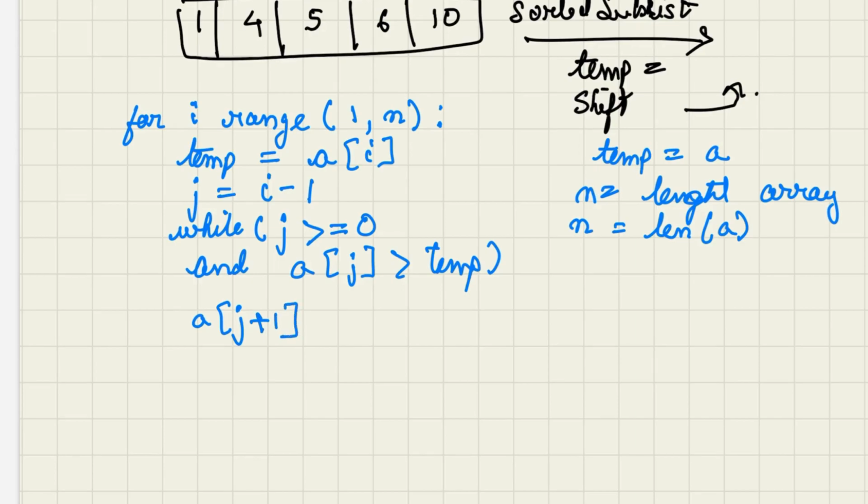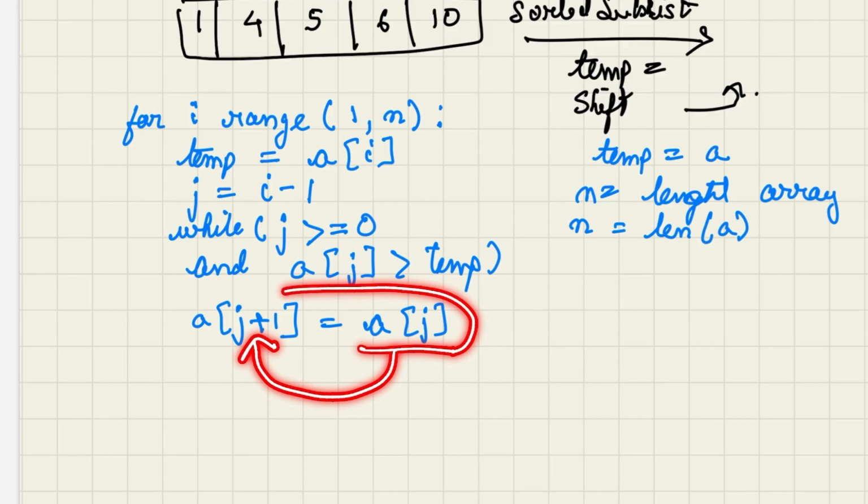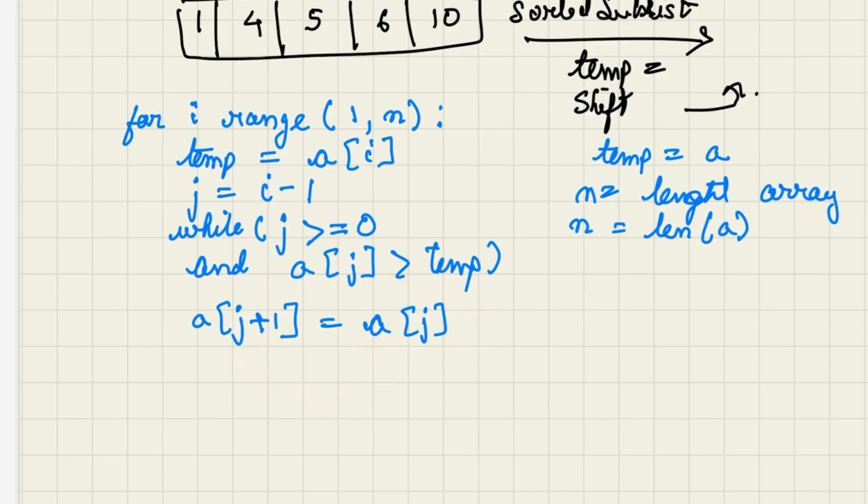So A of j plus 1 is equal to A of j, meaning whatever is on the right gets assigned the value on the left. Now I will decrement j to j minus 1. Why am I doing it? So that the while loop progresses.